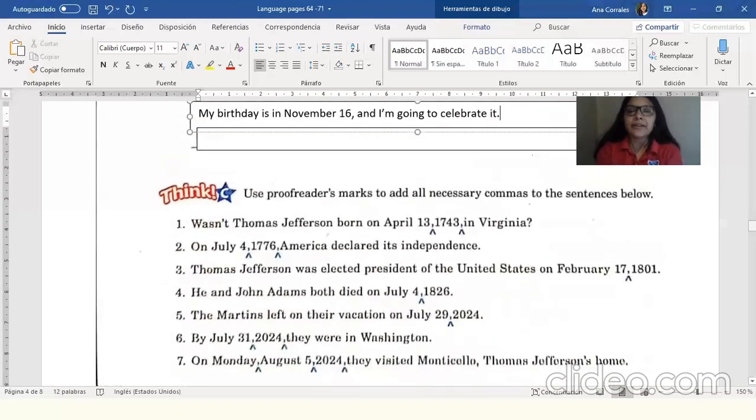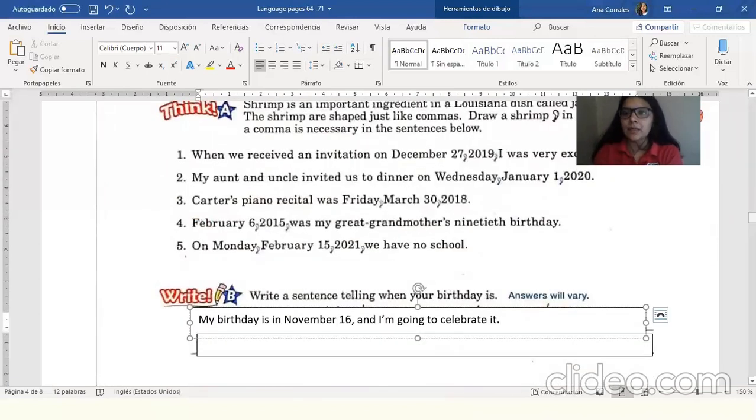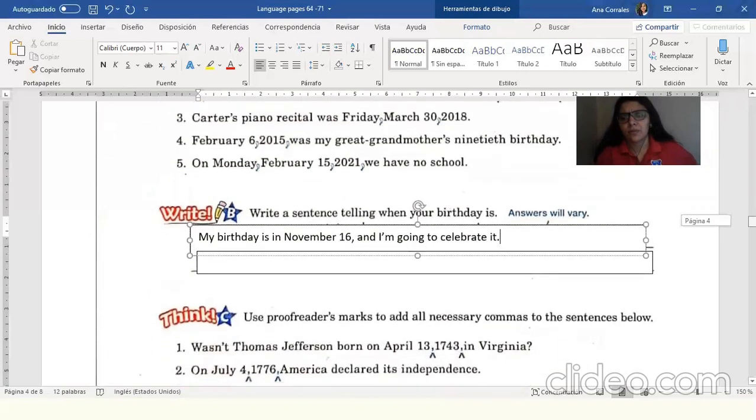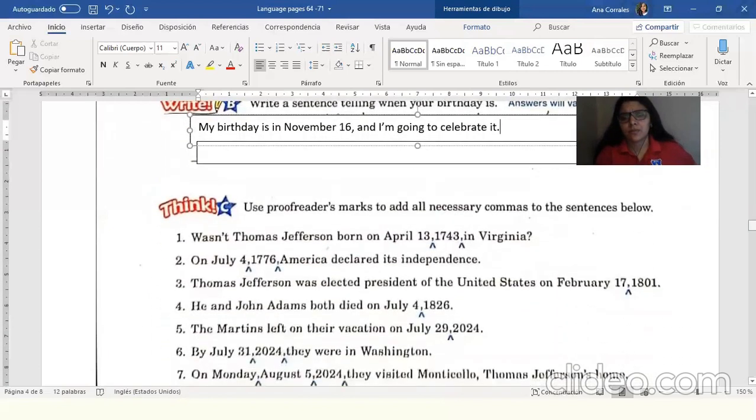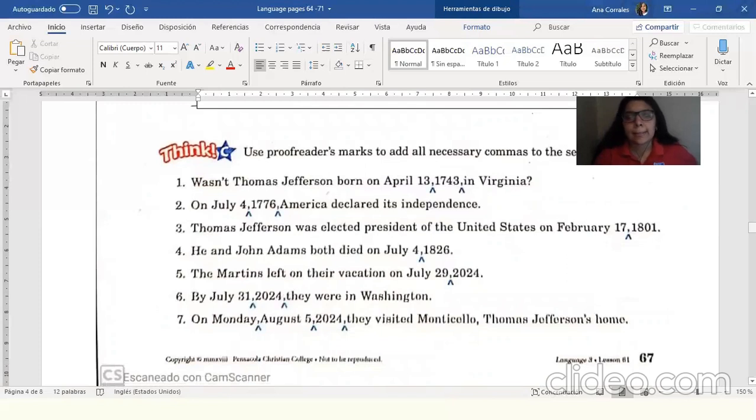Okay, use proofreader marks to add all necessary commas to the sentence below. This exercise, you're going to do it by yourself. I'm going to put it here. Pause the video. Remember, pause the video. Don't copy. If you copy, that is cheating. Eso es trampa. No cheating.